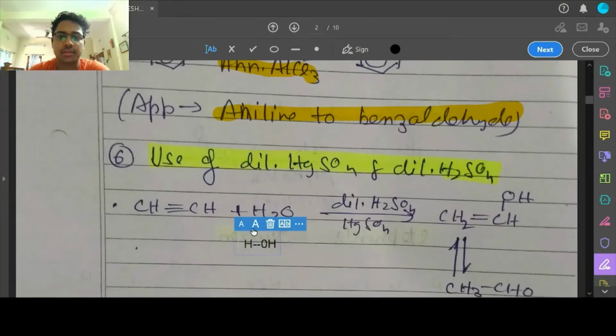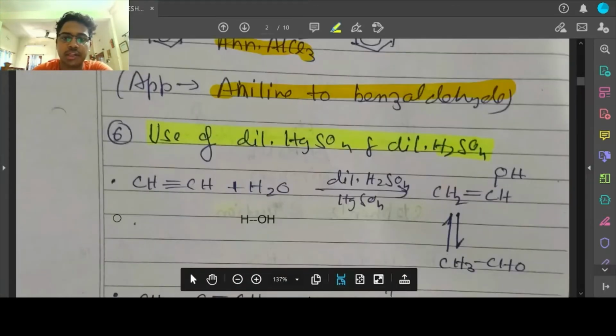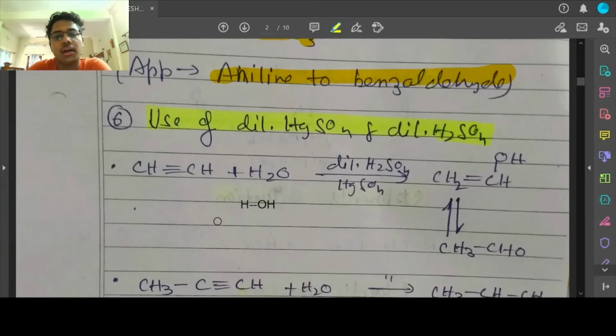So here one OH group is substituted on the first carbon.